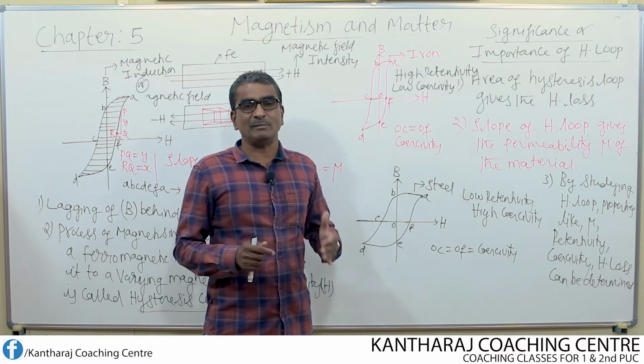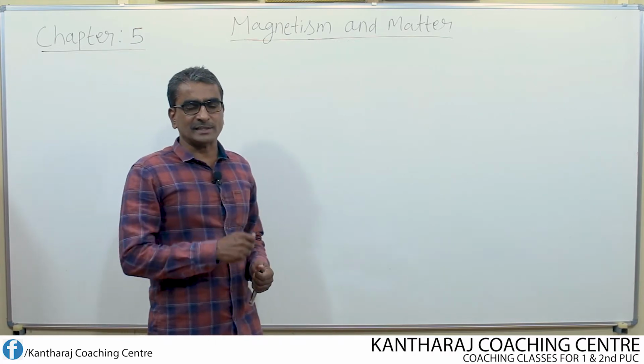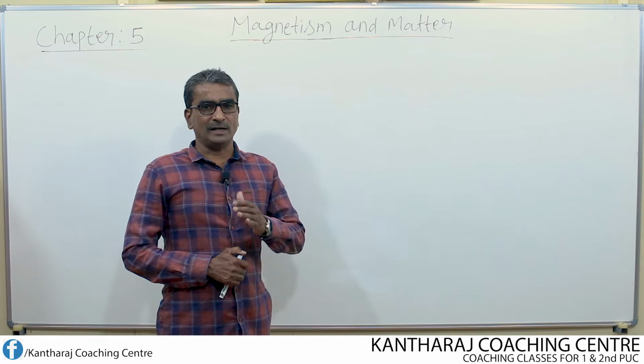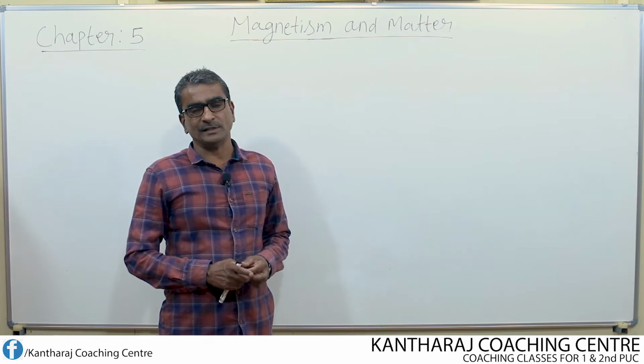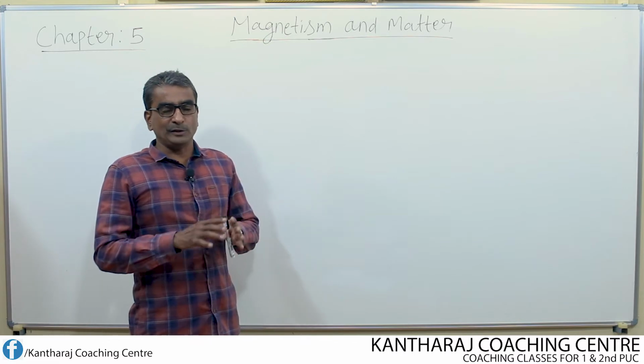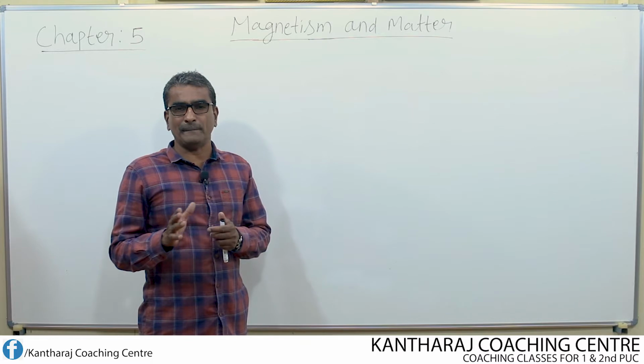All these things can be found out only by making use of the hysteresis loop. Now let us study what permanent magnets and temporary magnets are. Not only that, let us also study the uses of permanent magnets as well as temporary magnets.